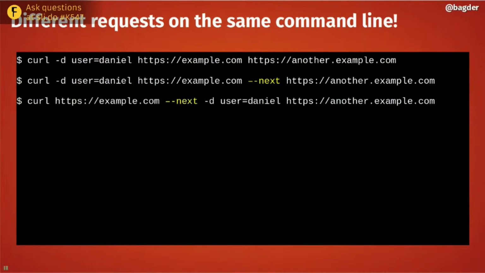We can also reverse the order and do get first and do the --next, and then we send a post to the second URL. And of course, there's no limit to the number of URLs or --next that you can use. So you can use that a lot if you want to or feel the need to. And then, since it doesn't quit in between, it'll reuse connections and caches and everything. It'll be much faster than doing multiple command line invokes.